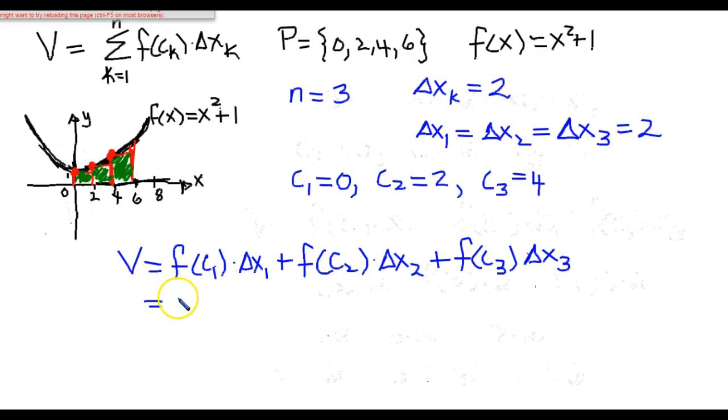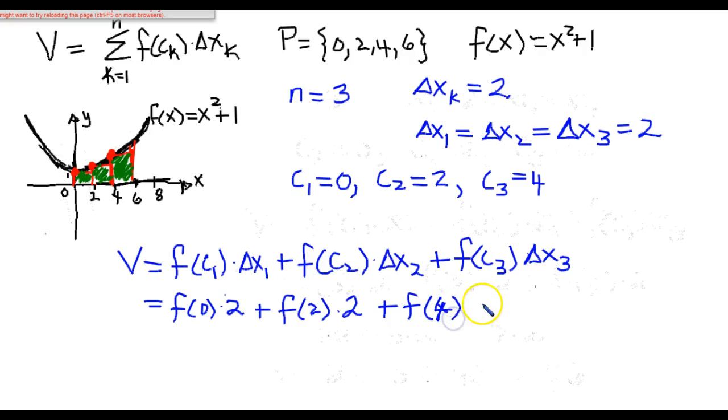C sub 1 is equal to 0, so f of 0 times delta x sub 1, which we know is equal to 2, plus f of c sub 2, which is f of 2, times delta x sub 2, which is equal to 2, plus f of c sub 3. C sub 3 is equal to 4, so that would be f of 4, times delta x sub 3, which is equal to 2.